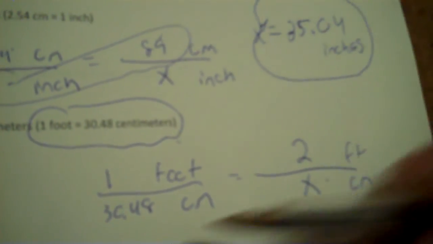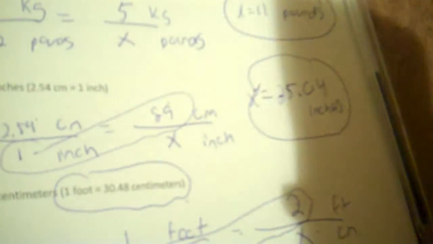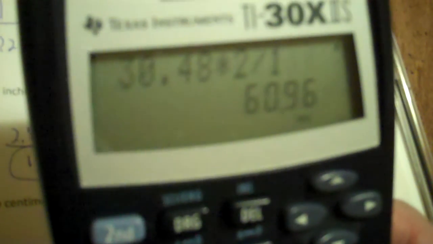So 1 to x, 30.48 to 2. So you take 30.48 times 2, because I can multiply those. I know what that multiplies to on my calculator. Divide by 1, or excuse me, 30.48 times 2 divided by 1 is 60.96. So x equals 60.96 centimeters.